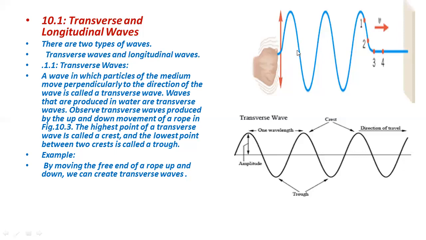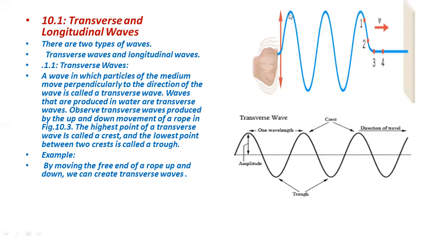So as the wave is moving from left towards right, the particles of the rope are moving perpendicularly to the direction of propagation of the wave, means the direction in which the wave is moving, that is called the propagation. Propagation means movement.